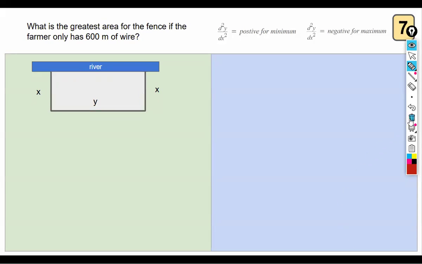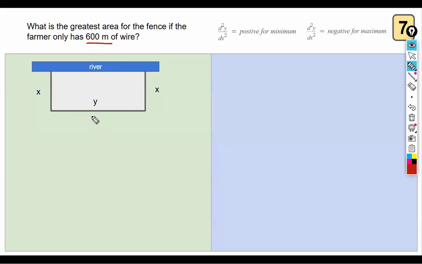So the shape of the fence is supposed to be a rectangle. Now, how should we arrange the rectangle such that we use 600 meters of wire? So let me say we can only afford 600 meters of wire.